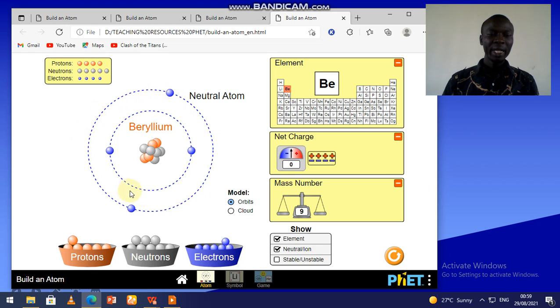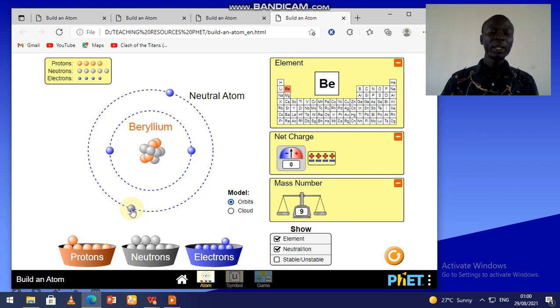Look at the outermost energy level. The outermost energy level is the second energy level in this case, and it has only 2 electrons, so it is not stable. For it to become stable, it should either lose these 2 electrons or gain 6 electrons. But what is easier to do? To lose those 2 electrons.